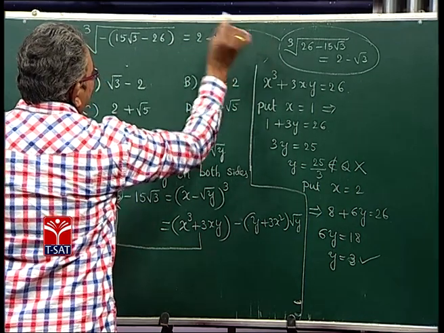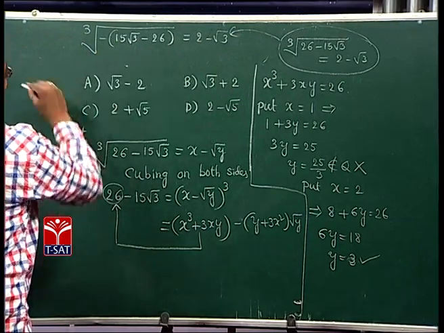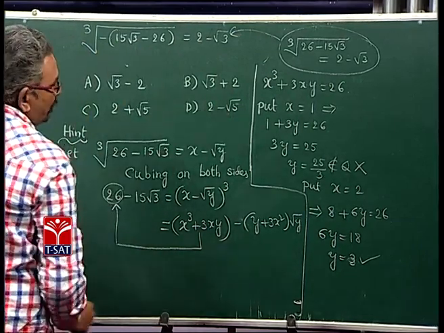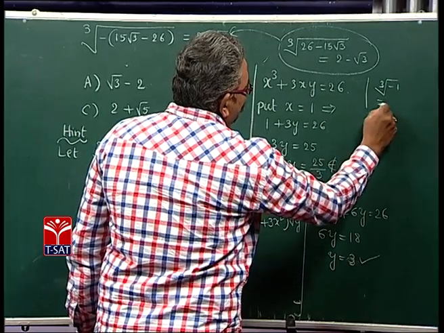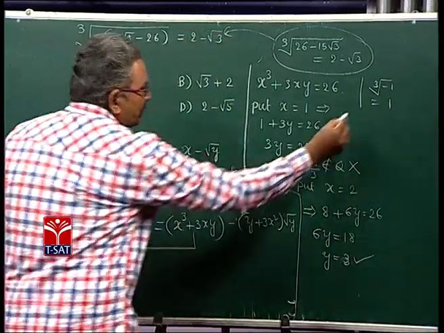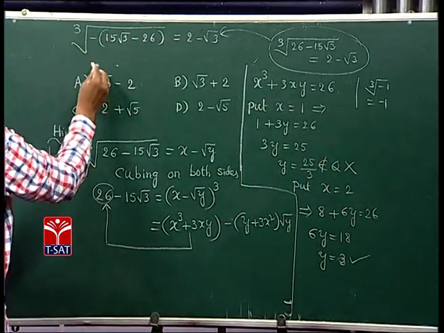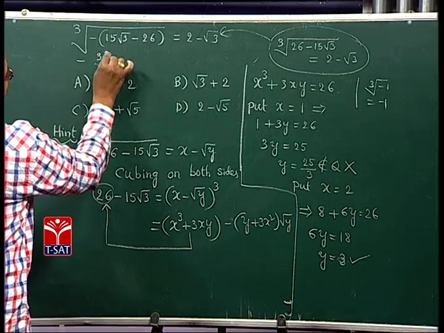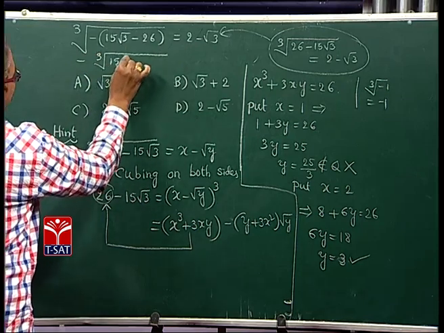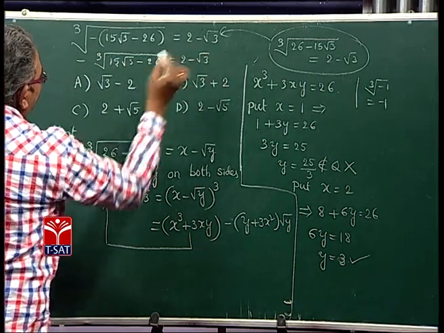Okay? From this, again take minus 1 common. See, cubed root of minus 1 is minus 1. So minus of this becomes cubed root of 15 root 3 minus 26 is equal to 2 minus root 3.